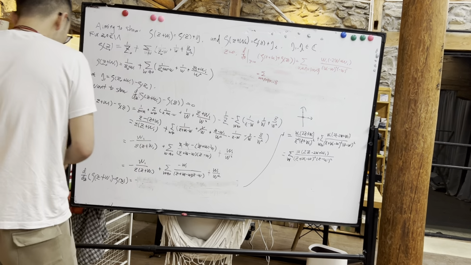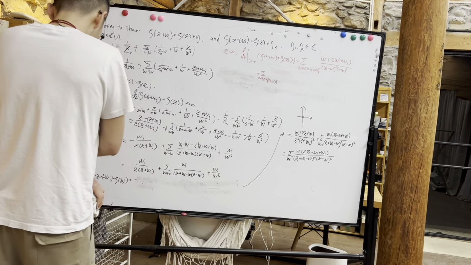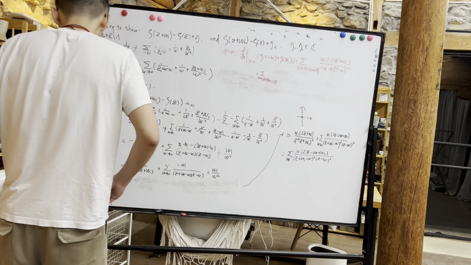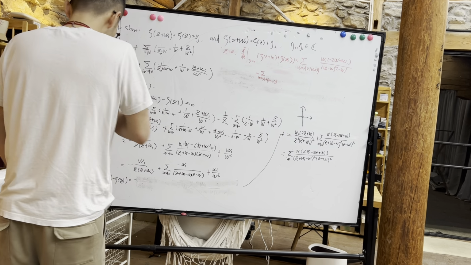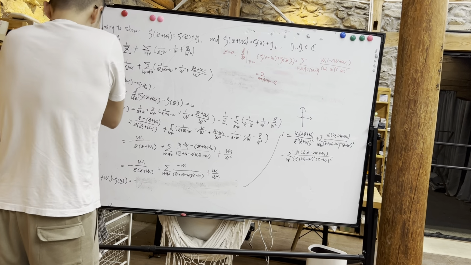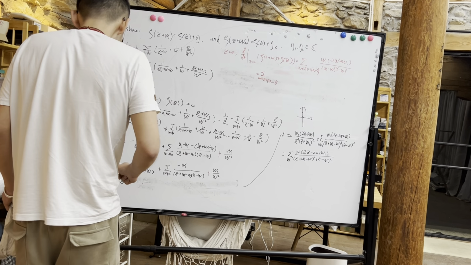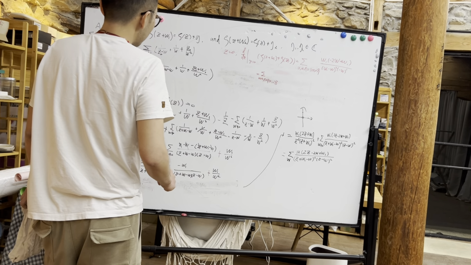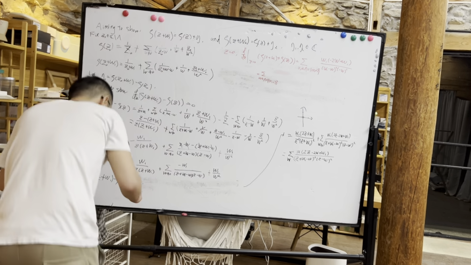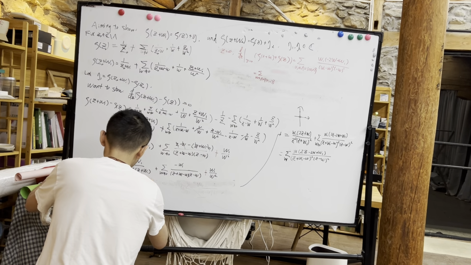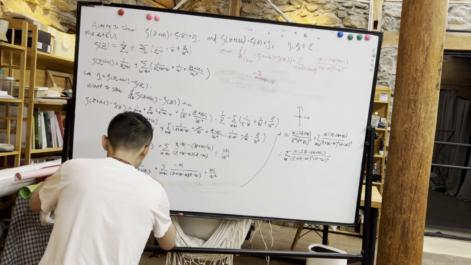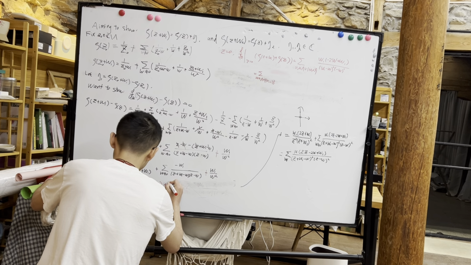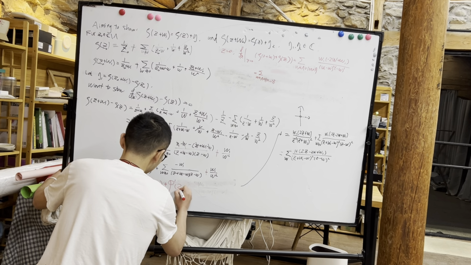So basically, what I have is that this is equal to exactly negative the p prime of z plus omega 1, plus p prime of z.